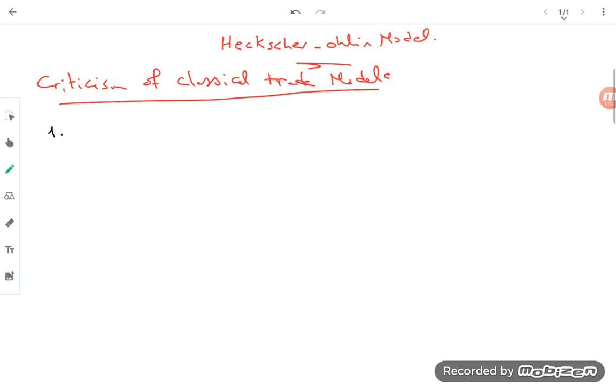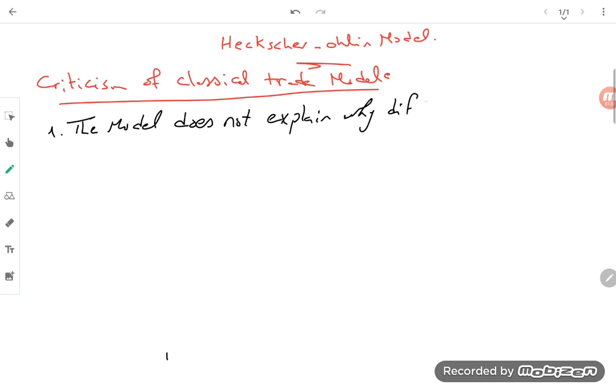But we don't explain why country A takes only 3 hours while country B takes, for example, 5 hours. So why is there a difference?